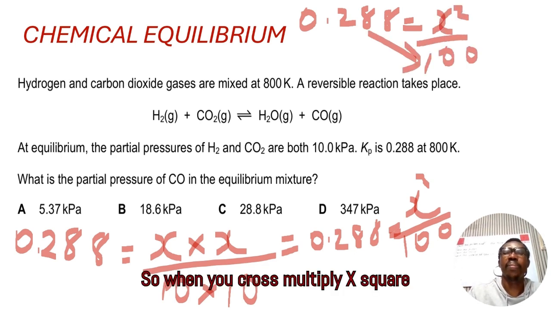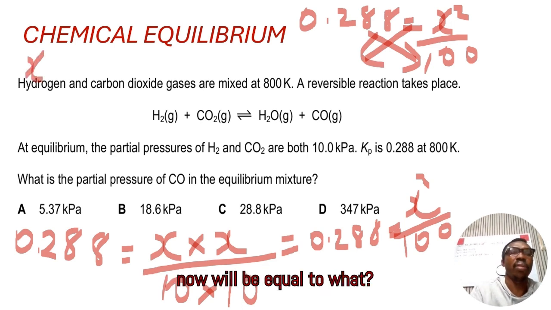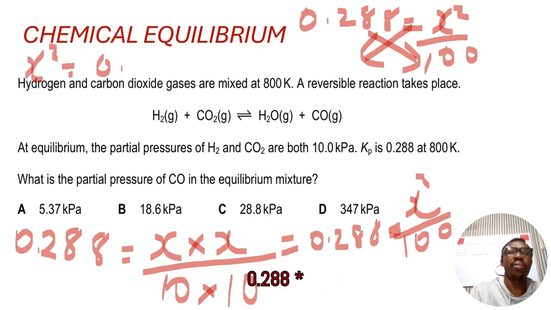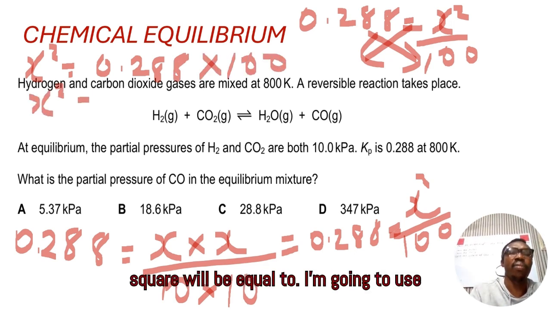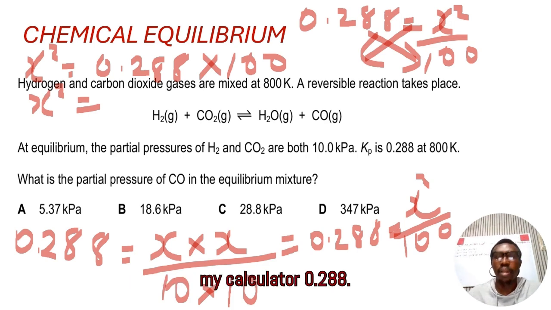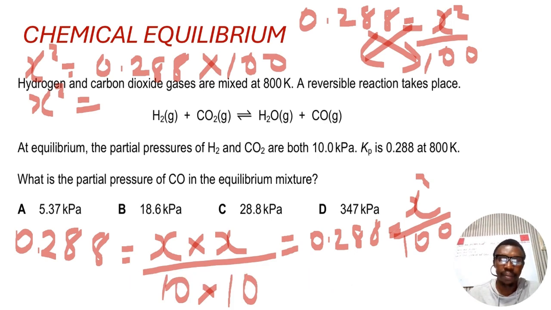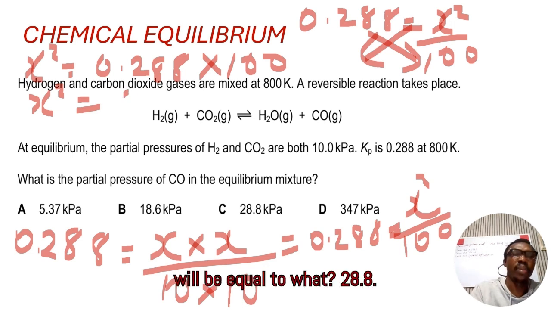So when you cross multiply, X squared will be equal to 0.288 times 100. I'm going to use my calculator. 0.288 times 100 will be equal to 28.8.